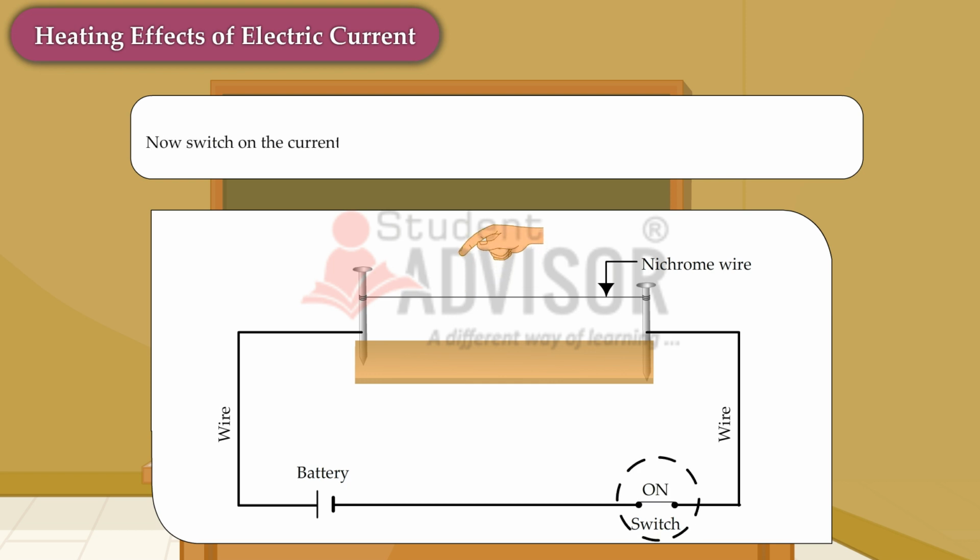Now, switch on the current in the circuit by moving the switch to the on position. After a few seconds, touch the wire. Again touch the wire by switching off the current.